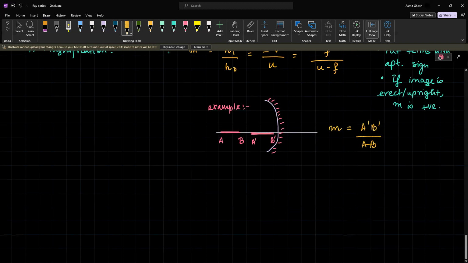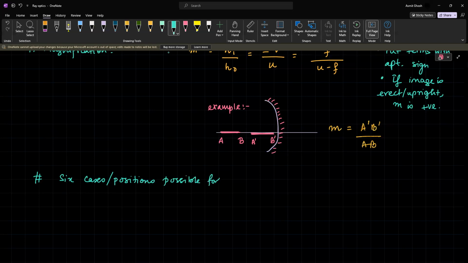Also, I will just mention 2 cases out of 6. So there are basically 6 cases or positions possible for image formation for a concave mirror.